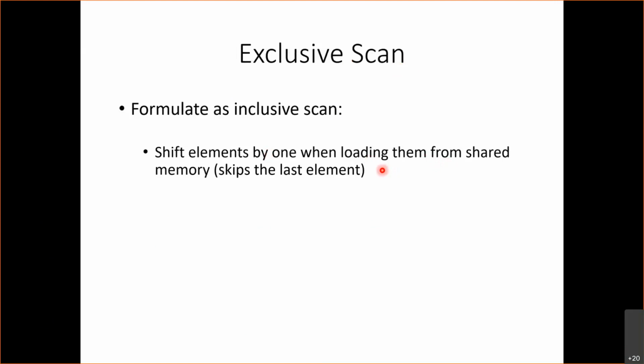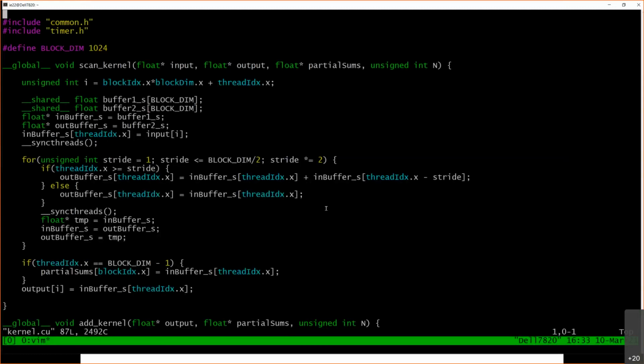And then we just do an inclusive scan for the shifted array, okay? And then the last element that we were supposed to get will only be used for computing the partial sum.